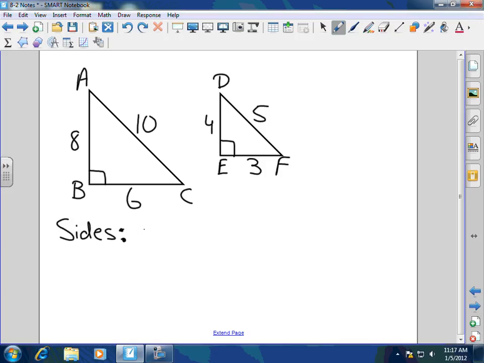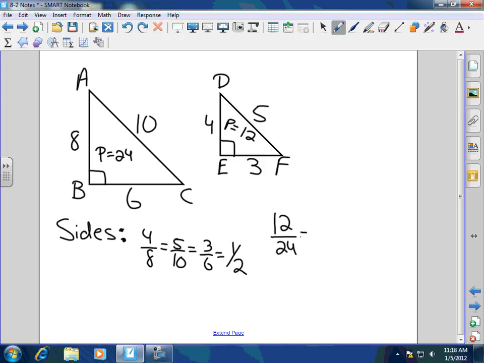Yeah, look. 4 to 8 equals 5 to 10, which equals 3 to 6. So it's 1/2, correct? What is the perimeter of ABC? 24. What is the perimeter of DEF? 12. Isn't the ratio of the perimeters, which is 12 to 24, equal to the ratio of the sides?